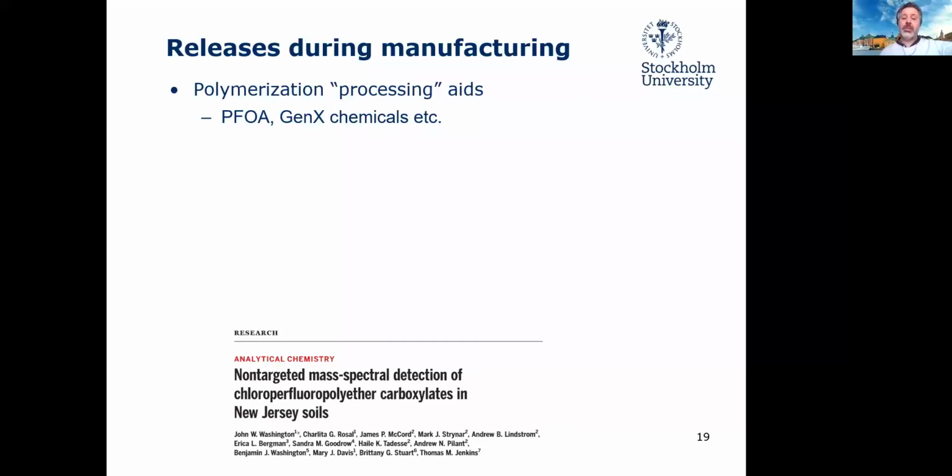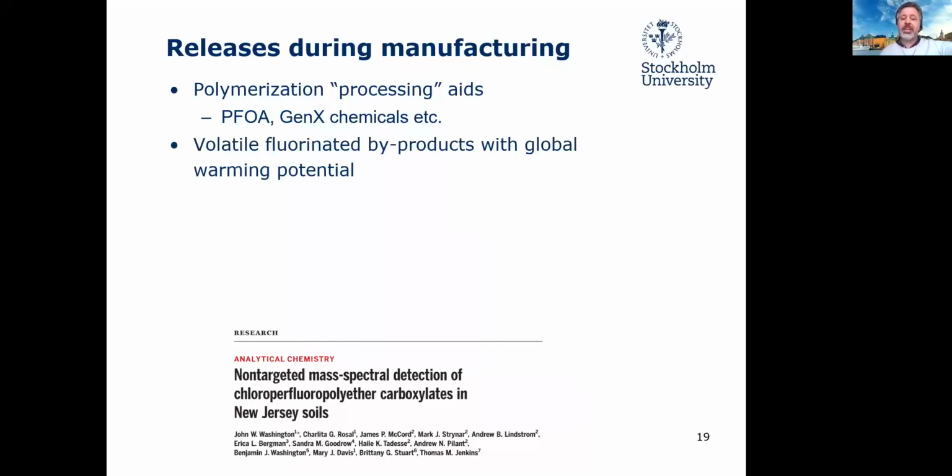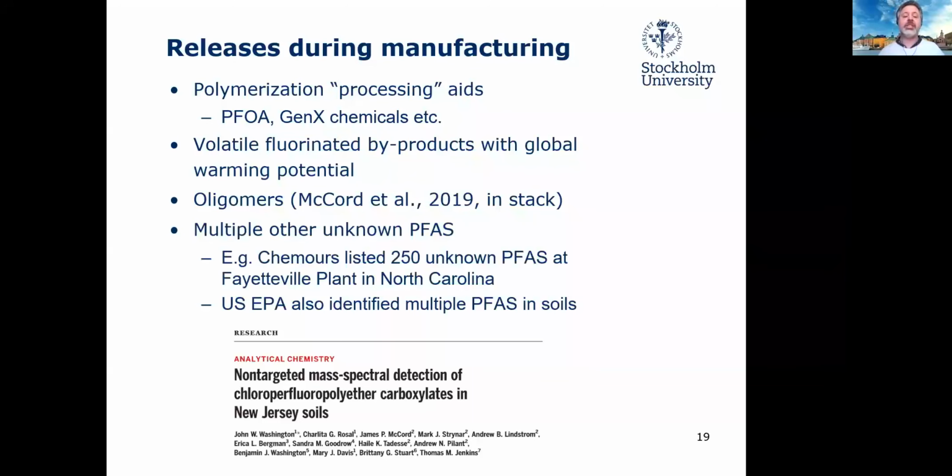So releases during manufacturing: we have the polymerization processing aids like PFOA, GenX, but we also have volatile fluorinated byproducts, which have global warming potential. We have oligomers that are found in the stack, which are basically small parts of polymers, which are released. And we have multiple unknown PFAS.